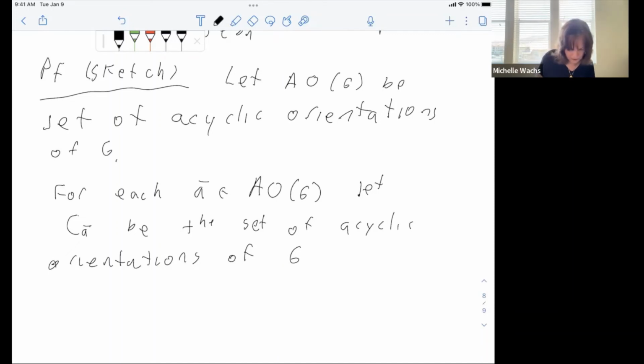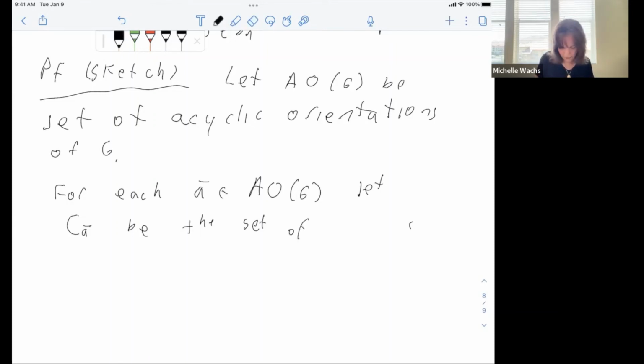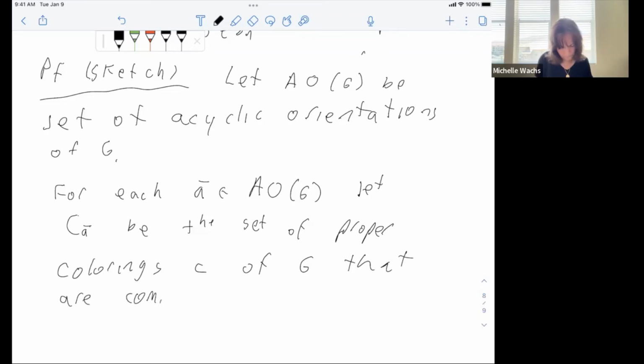No, what am I saying? A is an acyclic orientation, B the set of proper colorings. I'm rushing too much. Proper colorings C of G that are compatible with the orientation.